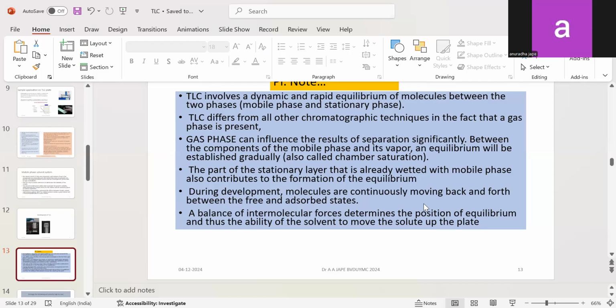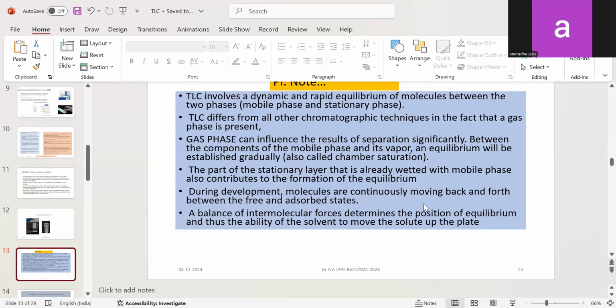And this influence is going to lead to significant variations in the results. So it is very important to choose a right solvent system, fill it in the chromatography chamber, close the chromatography chamber properly so that the vapor phase is saturating the chamber properly and uniformly.